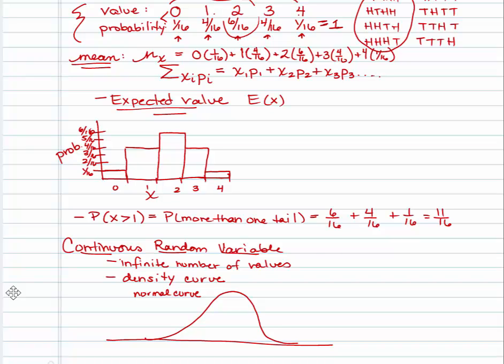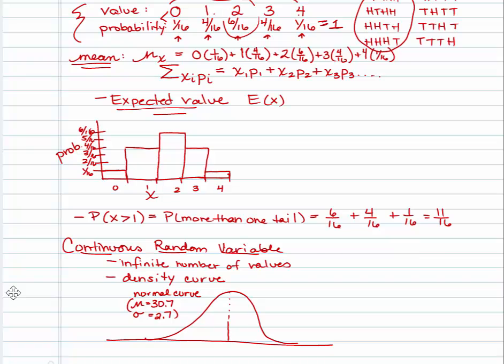And you should be given what the mean is. Let's say the mean is 30.7. And the standard deviation is 2.7.